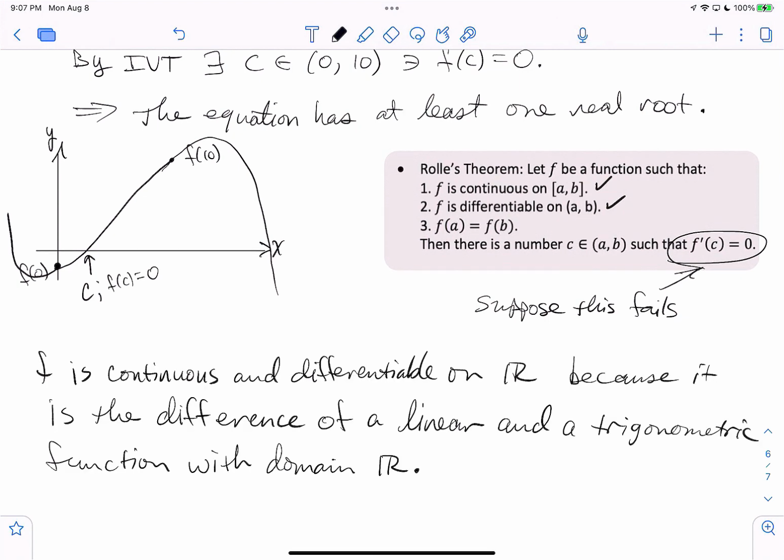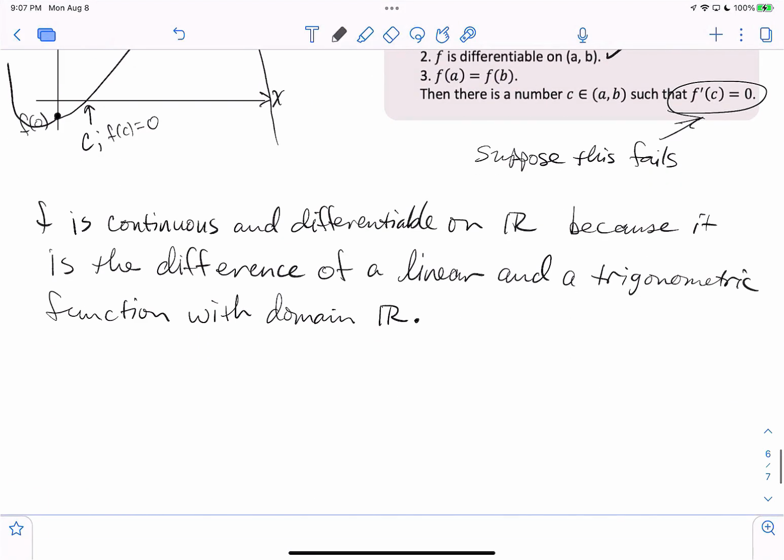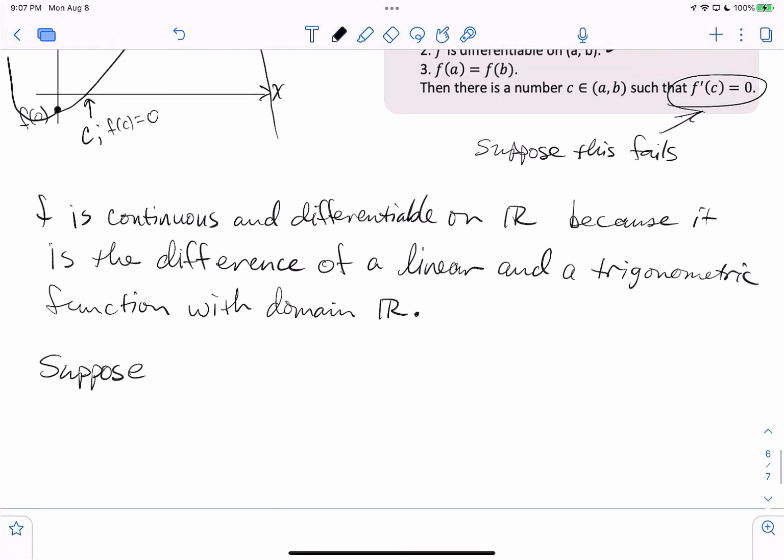So I'm going to say f is continuous and differentiable on R because it's the difference of a linear and trigonometric function with domain R. Now, with a proof by contradiction, you assume the opposite of what you're trying to prove. So suppose that there exist two numbers, a and b, where a is not equal to b and f of a is equal to f of b.